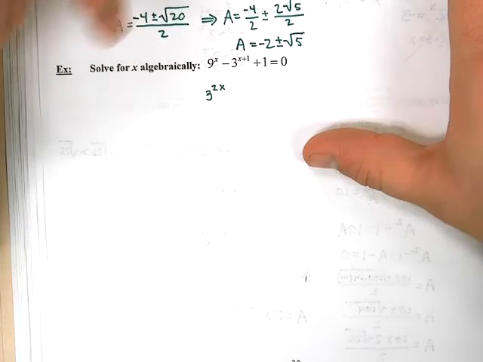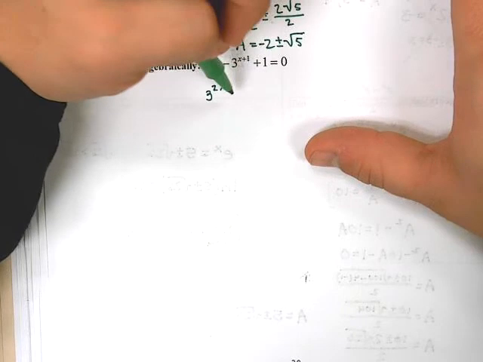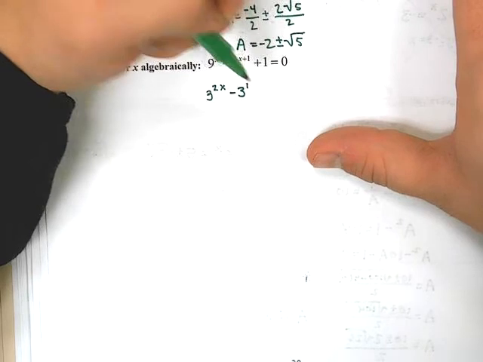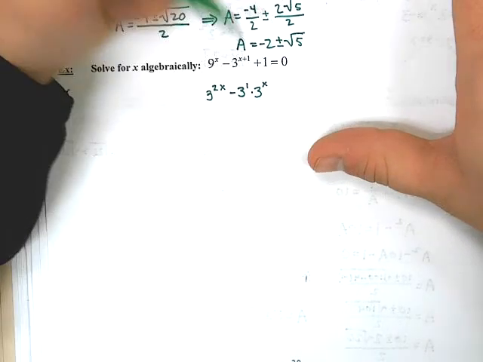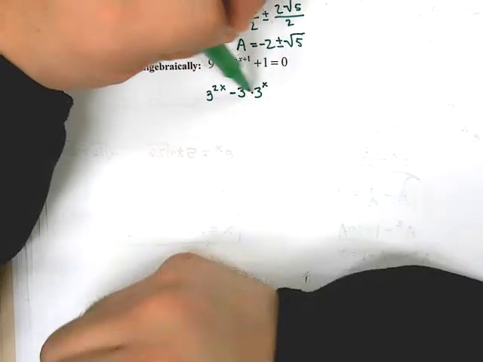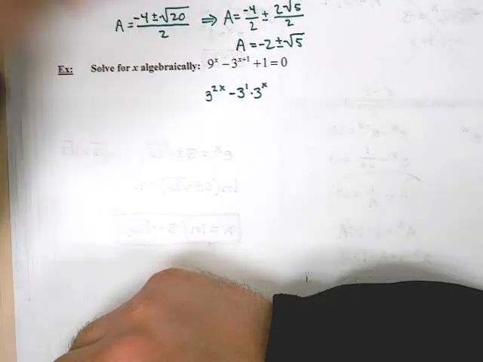All right? So really what I'm seeing here is 3 to the first times 3 to the x, right? If I see common bases, I can add the exponents together when they're being multiplied, I should say.